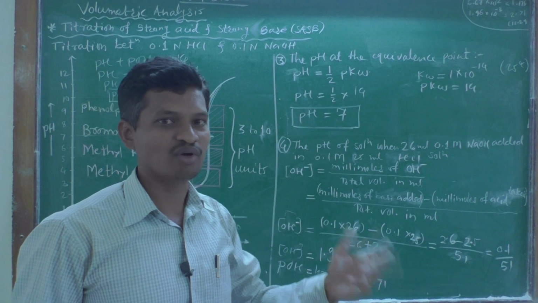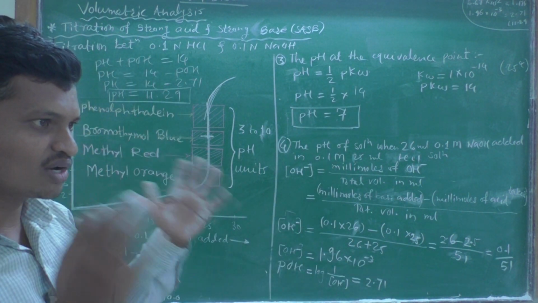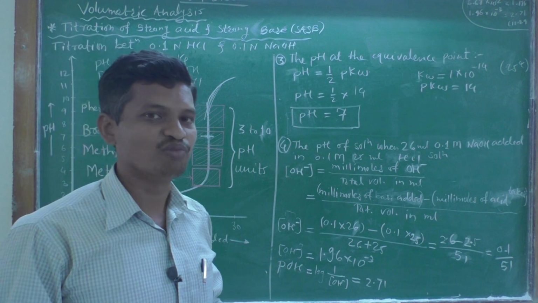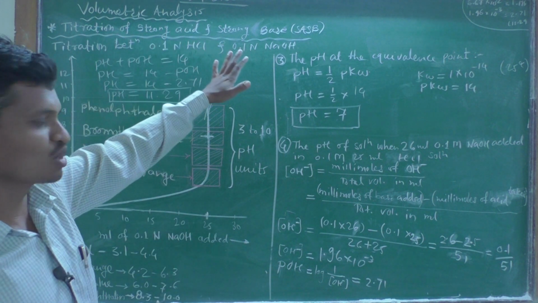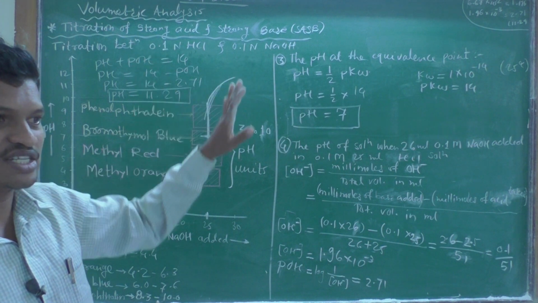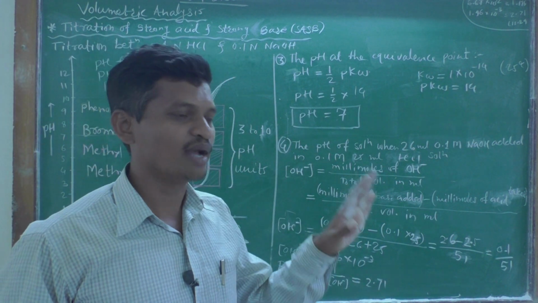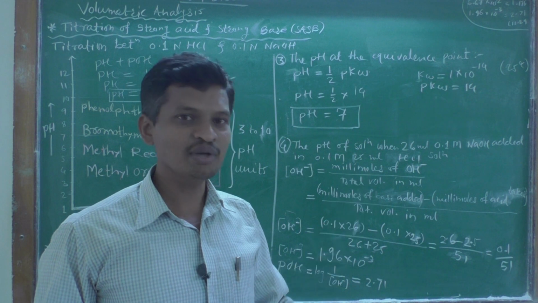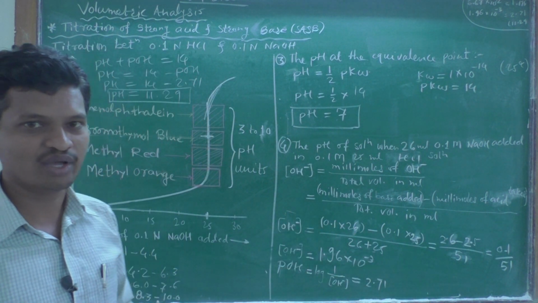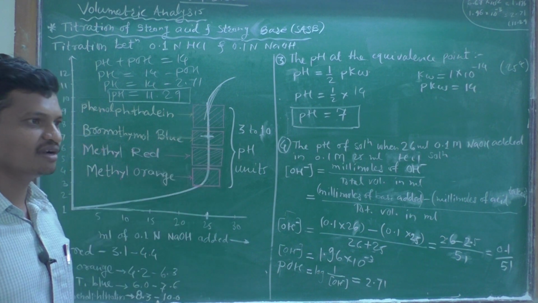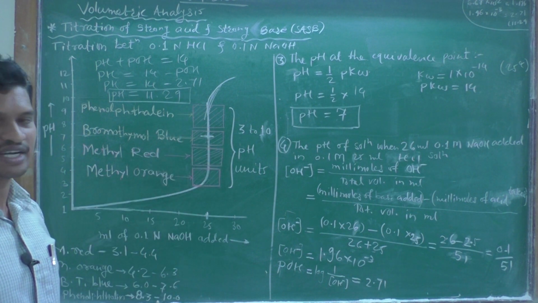Okay, so this is nothing but the theoretical background of the titration of strong acid and strong base. We have taken here HCl as a strong acid, 0.1 normal, and NaOH, that is sodium hydroxide, as a base, which is also 0.1 normal. Okay, so this is the theory behind this titration.